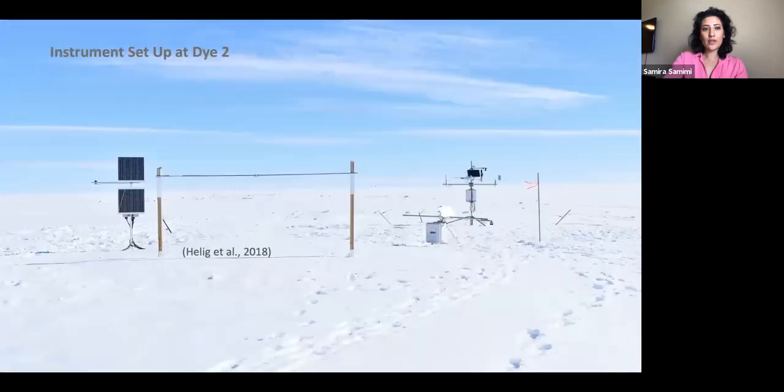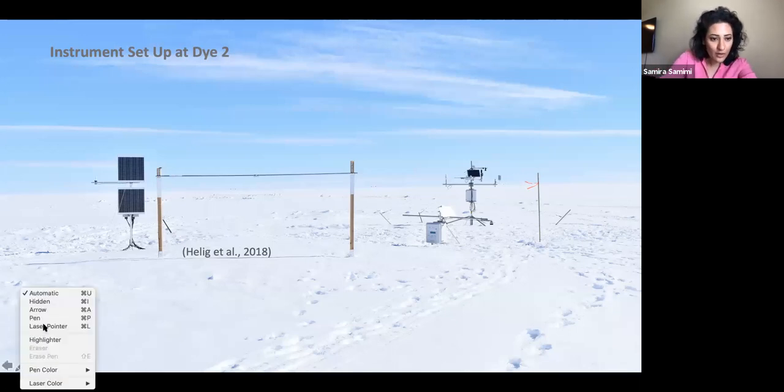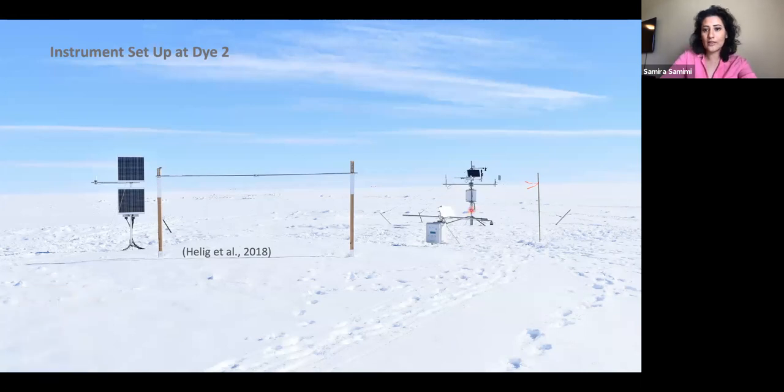And this is the overall setup of my instruments. Let me use the laser pointer. You can see here is my weather station and all my installation with my TDRs, and it's all filled up with snow.